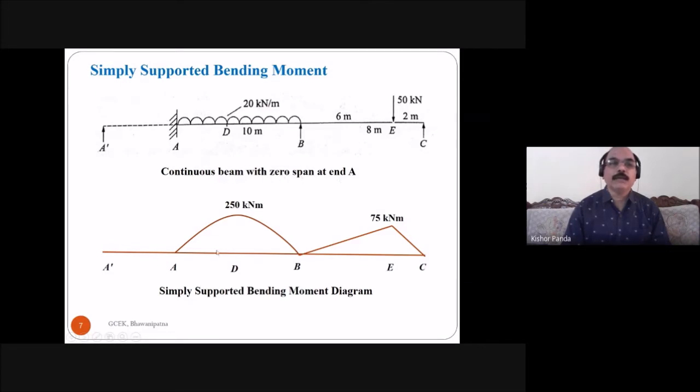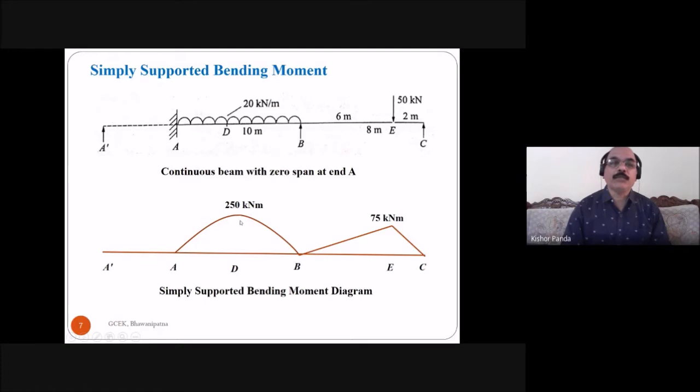This is the zero span. Then this is the free bending moment diagram. Here is the zero span length. And due to the uniformly distributed load, the bending moment diagram is parabolic. This is the eccentric loading, and due to this loading the bending moment diagram is a triangle.